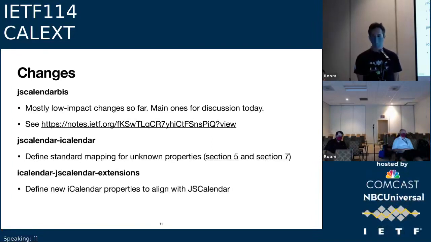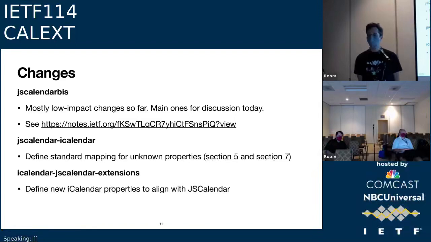The main points that we want to get into JS Calendar BIS, I've kept for this discussion today, as there is not consensus about them. For all the changes that already made it into the RFC, I've put the link into this presentation, which you can click on if you download the PDF. Yes, now it says clearly what I couldn't remember.